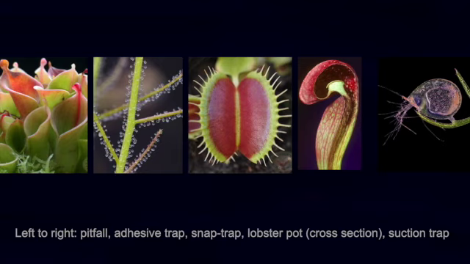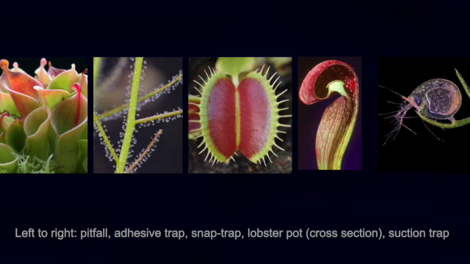Next is the lobster pot trap, used by 3 types of carnivorous plant. This one is very similar in structure to the pitfall trap and is a modified version of it. Prey enters the trap through a small hole and is actually lured away from the exit by white spots that you should be able to see towards the top of the trap in the picture. These spots, which are a structure called fenestrations, are actually somewhat clear and allow light into the trap, as opposed to the dark pigmentation around the opening.